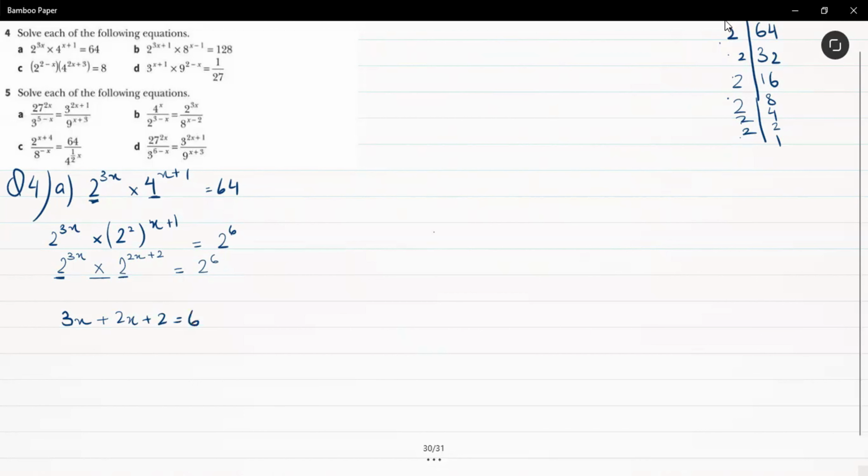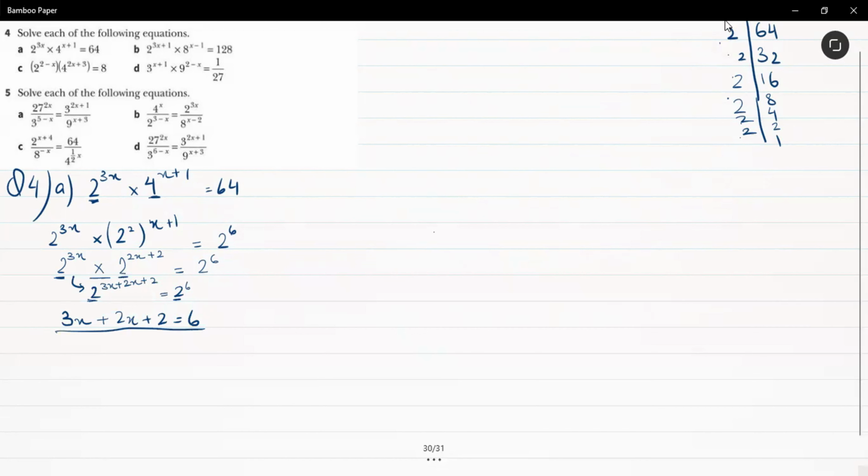Essentially, we get 2 raised to the power 3x plus 2x plus 2 is equal to 2 raised to the power 6, and as the index values are the same, we can equate the powers.